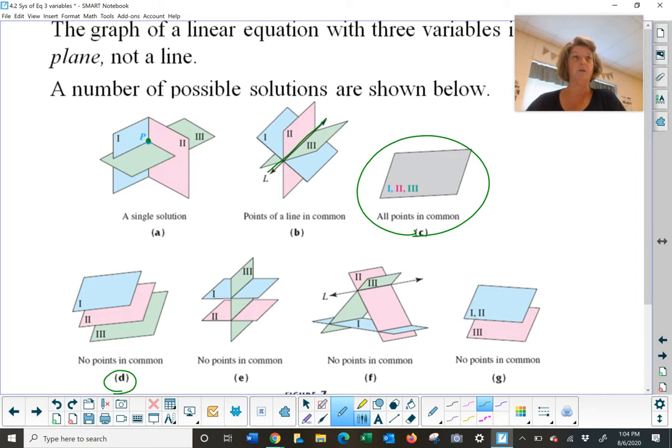So that's why there's no solution on this one. On F, there are also no solutions. And on G, they're showing two planes that are on top of each other, sharing all points, and then you've got a third plane that's parallel, so no solution. So really on these three situations, there are no solutions.